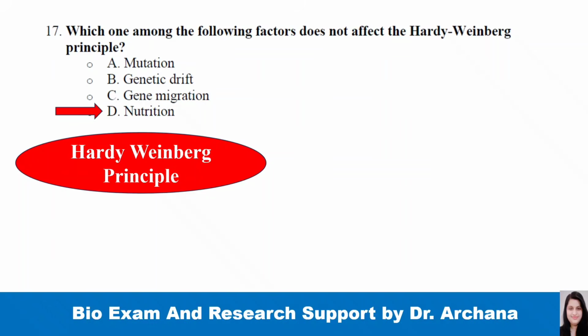So factors that affect equilibrium are mutation, genetic drift, genetic migration, which is also called gene flow, while nutrition does not directly change allele frequency, so it does not affect the Hardy-Weinberg equilibrium. So here we can say that they are asking about which one of the following factors does not affect. So the correct answer will be D, that is nutrition.